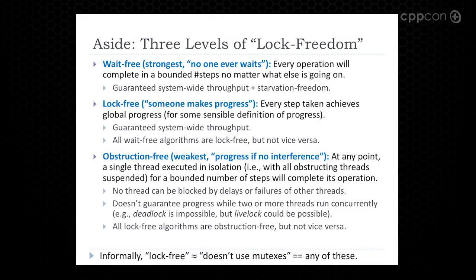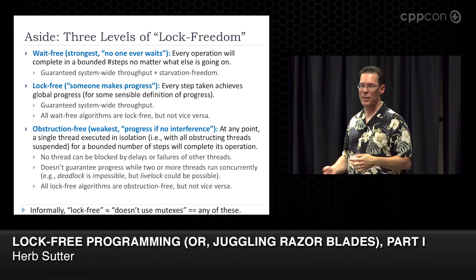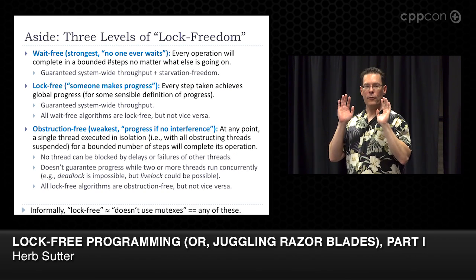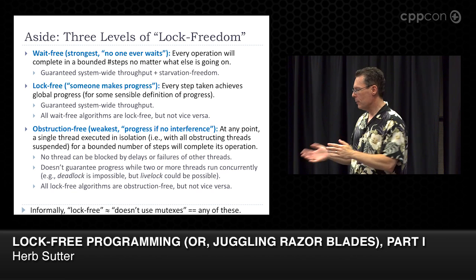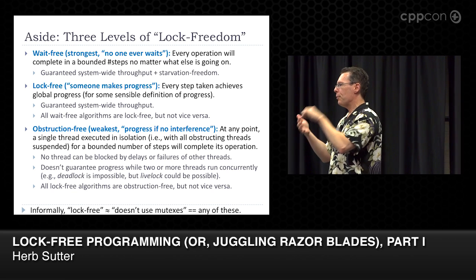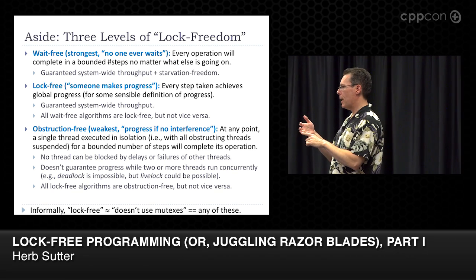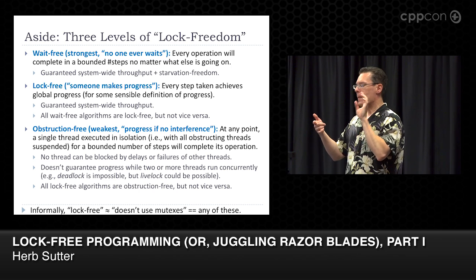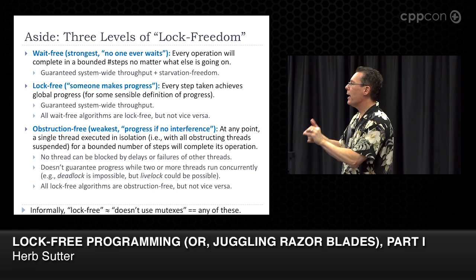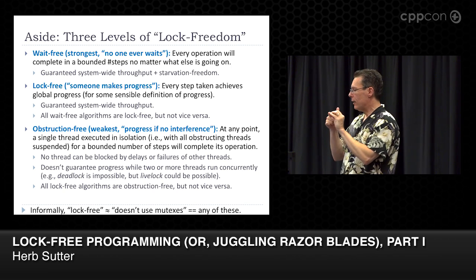I'm generally going to use the term lock-free in its mainstream loose way, which basically means not using a mutex, although you can still write spin locks using atomics. To be very crisp, and academically, and sometimes this matters and I'll mention it, there are 3 major classes of lock-free algorithms. The strongest, the holy grail that you can sometimes achieve, is wait-free.